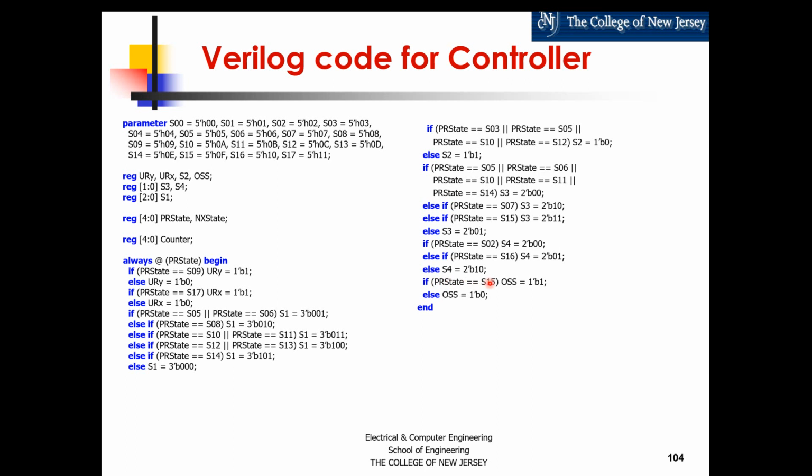That's when I'm going to make the output available, 1, to tell the other entity that the output is valid. Otherwise, it's going to be 0. And I have my output logic operating and generating all the output signals that are going to control the data path. So that's one part of the state machine.